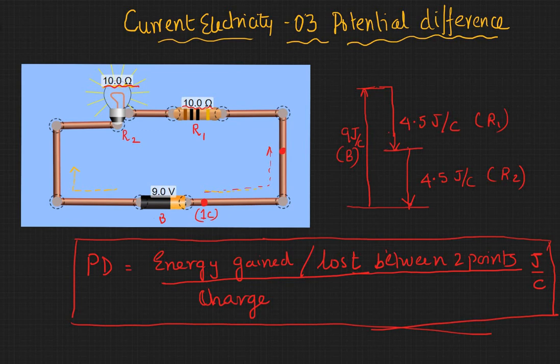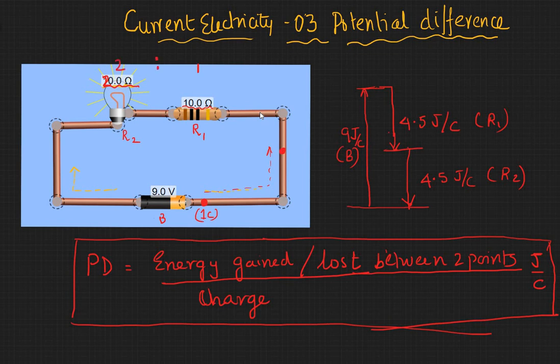So let's take a different scenario where these resistances are different. Let's say this resistance is not 10, but 20 ohms, and this is 10 ohms. So in which case, this is dividing up in the ratio of 1:2.